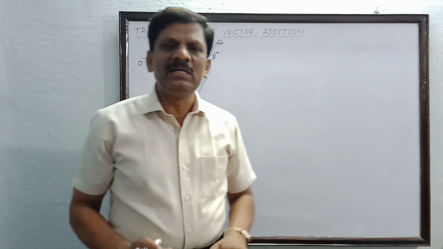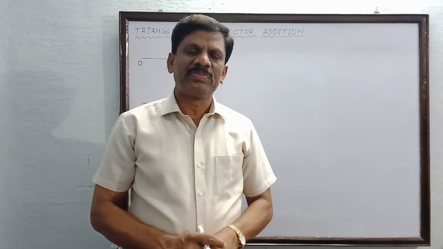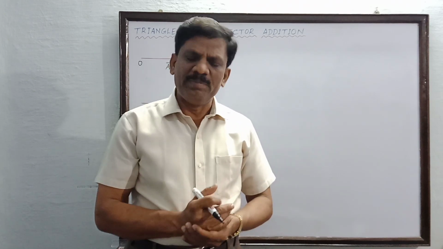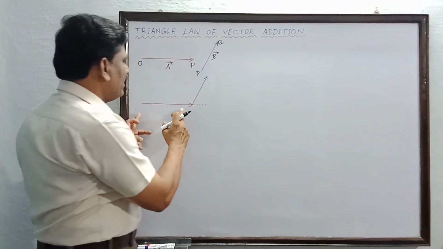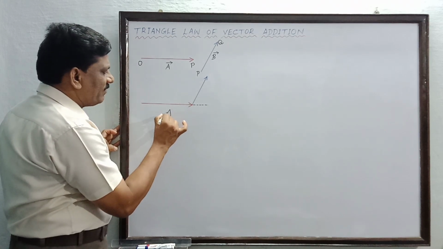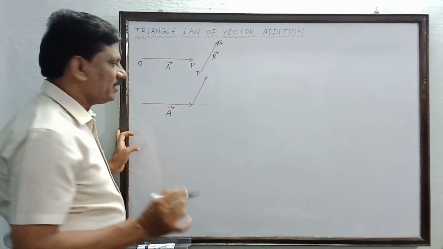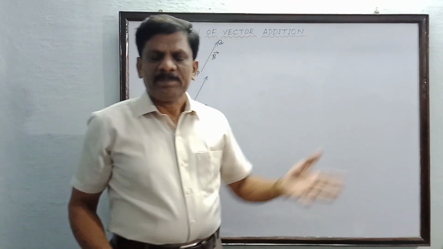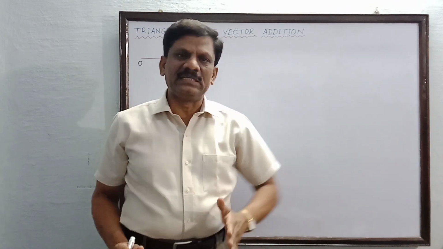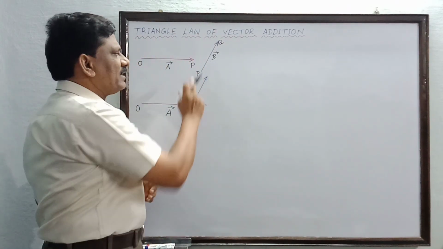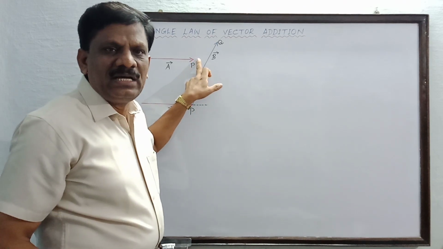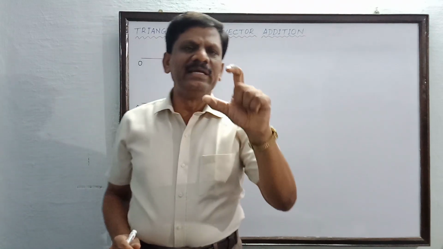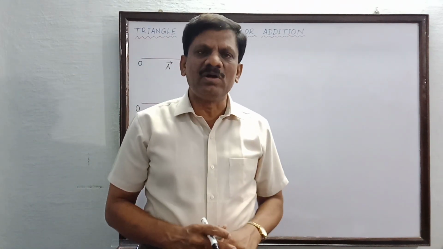Now I want to add these two vectors A and B. So for that I want to find A plus B, vector A plus vector B. I will keep the vector A as it is, undisturbed. So this is OP. Now the second vector is attached to the first vector such that the tail of the second vector is in contact with the head of the first vector, and we have to take care that the angle between the two vectors should not change.